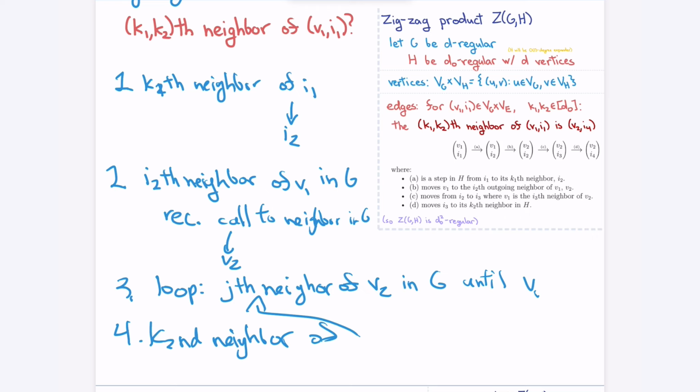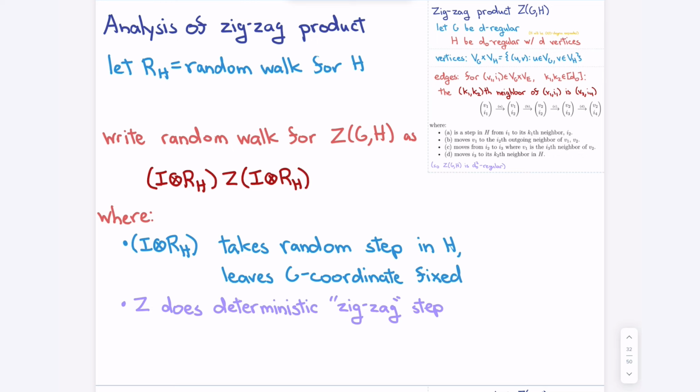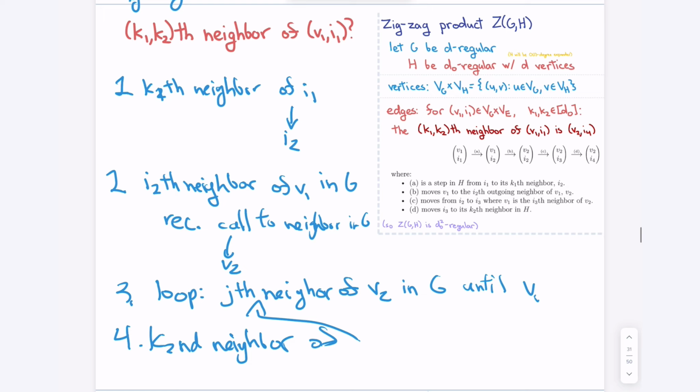Okay, so that's the issue of space. You can actually navigate this crazy construction implicitly. We never have to construct it. We just have to be able to answer neighbor queries.